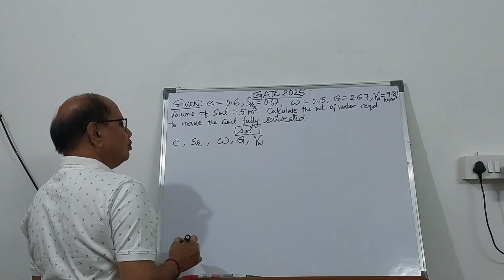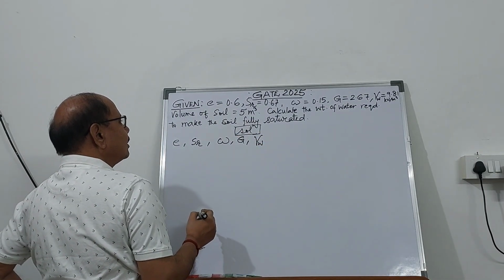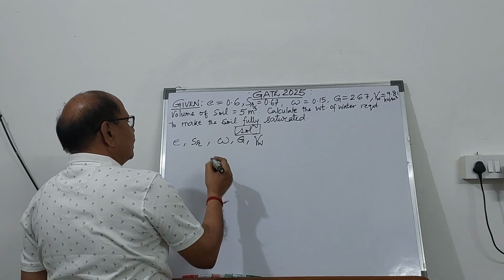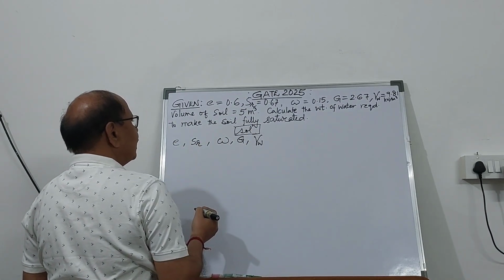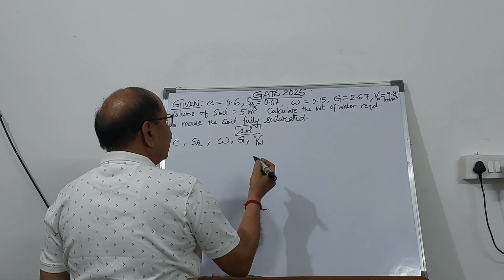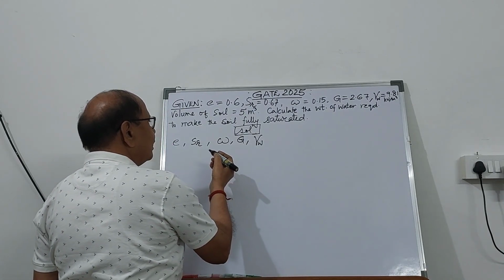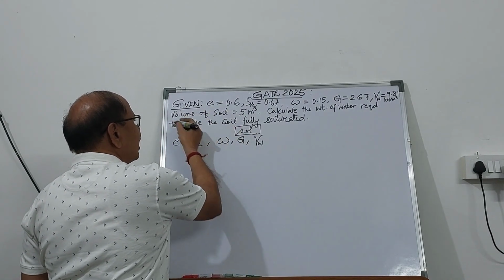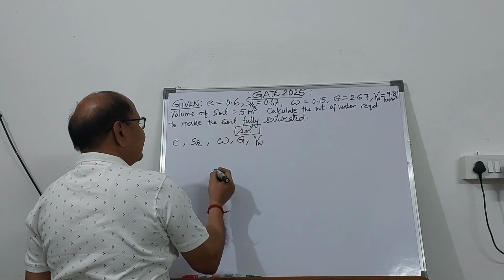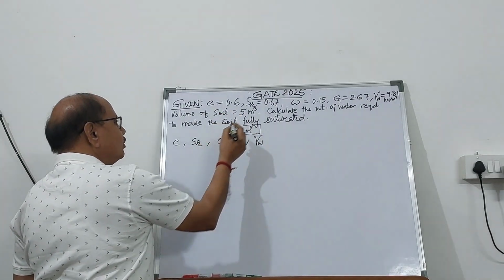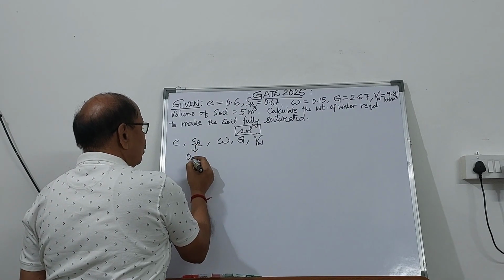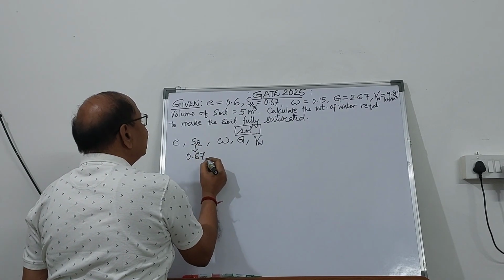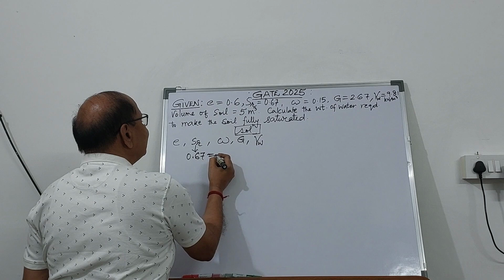All are known to us, and therefore you can correlate all these quantities, and you can get for the given soil mass what is the moist unit weight, because degree of saturation Sr is 0.67, that is, it is 67%.